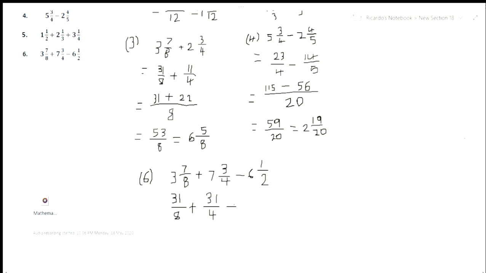And minus 2 6s are 12. Multiply the 2 times the denominator. That's 12 and 1, 13. That's 13 upon 2.